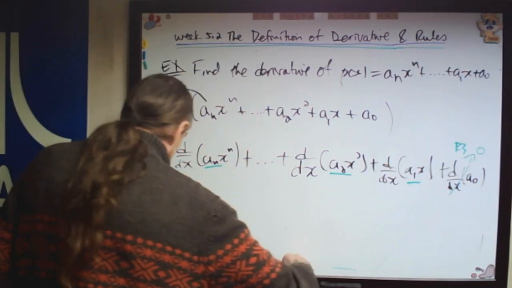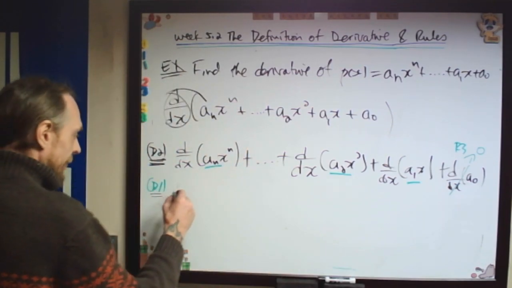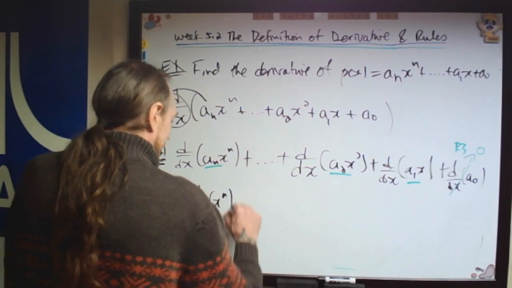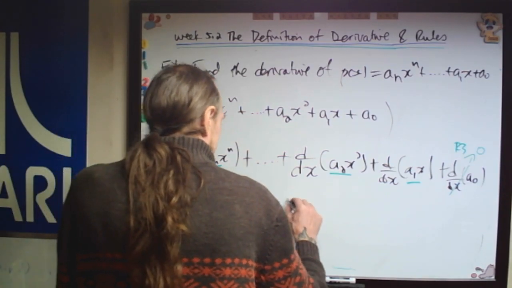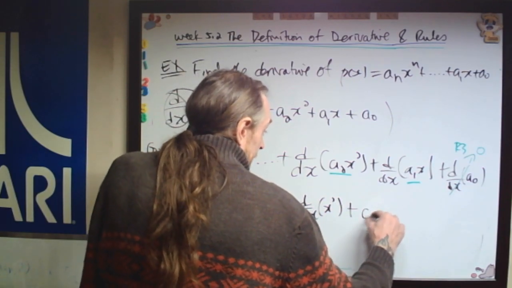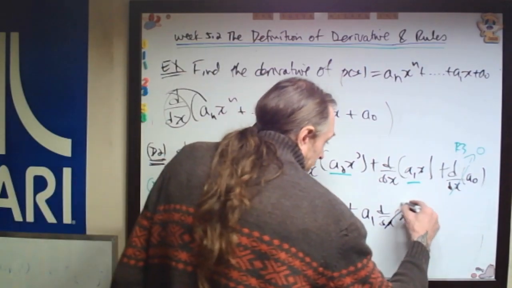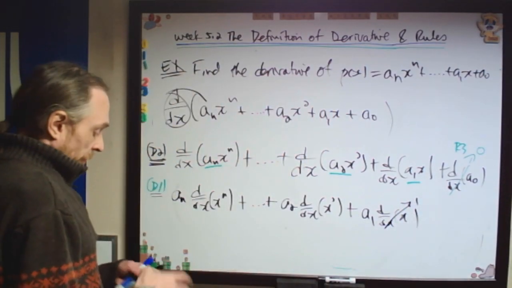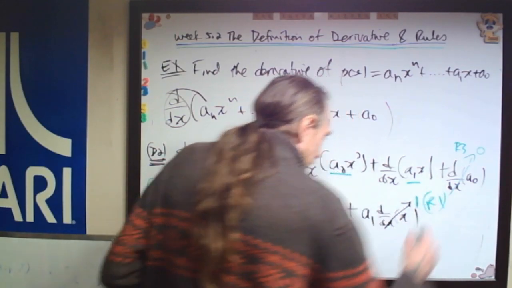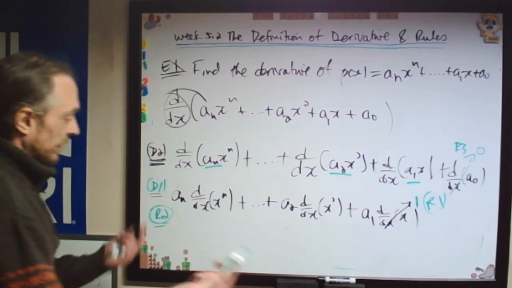So this will be equal to, by D1, a n, the derivative with respect to x of x to the n, plus dot dot dot plus a2, the derivative with respect to x of x squared, plus a1, the derivative with respect to x of x. This one is 1 by our property R1. But all the other ones are going to be by property R2. The power rule is what it's really called.